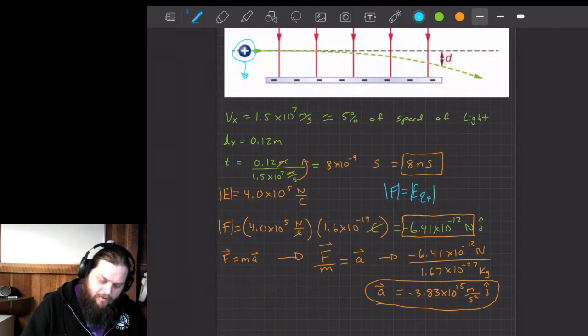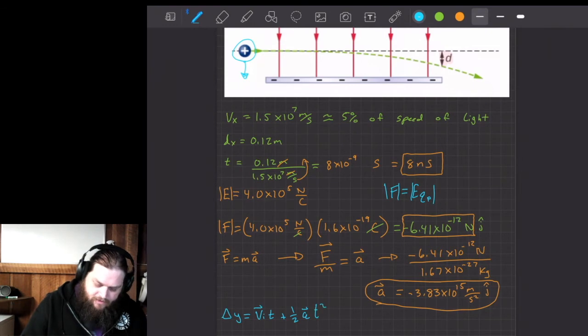If you remember, in kinematics, we had the equation where there was a delta x, and in this case I'm going to say delta y, is equal to the initial velocity times time plus 1/2 acceleration times time squared. These are all vectors.